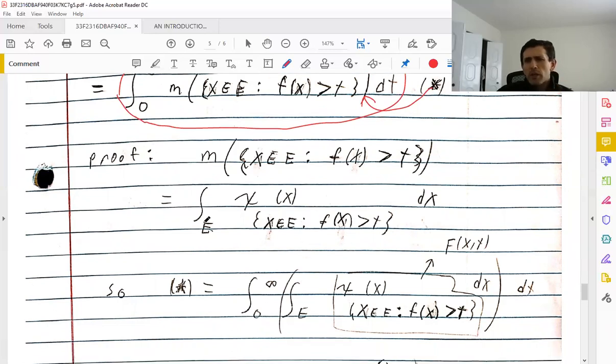But anyway, so we can plug this back into star, and we get one of these iterated integrals from Fubini's theorem.